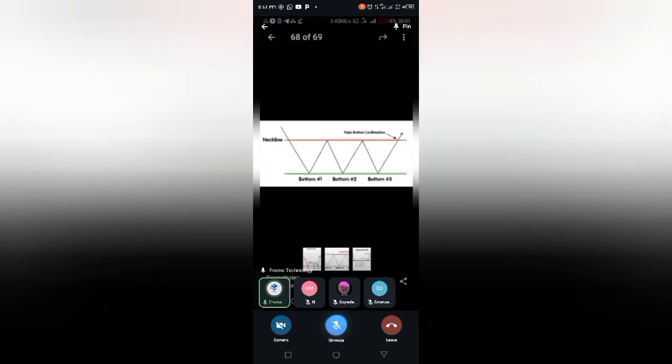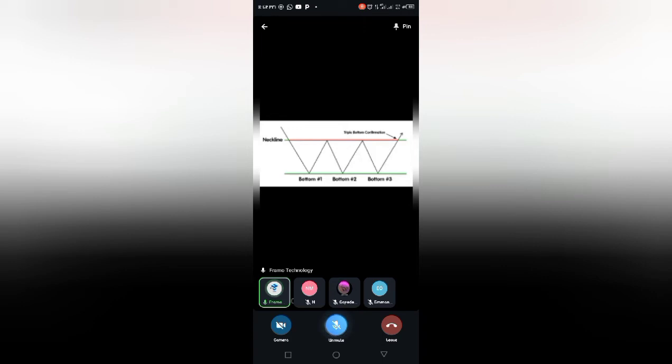By the way, the other time I was explaining bullish reversal, sometimes our English may deceive us, so I made a little mistake there. But bullish pattern and bullish reversal are the same thing. Bullish reversal patterns signal the end of a downtrend, and the trend is now going in the upward direction.